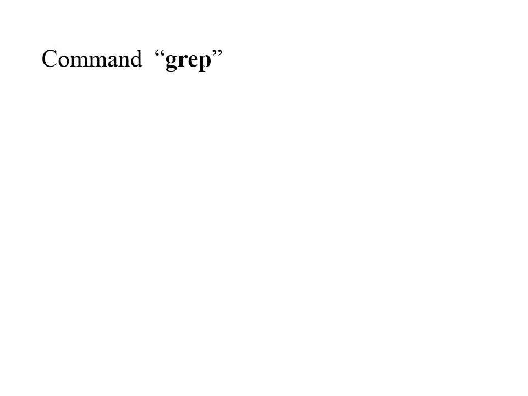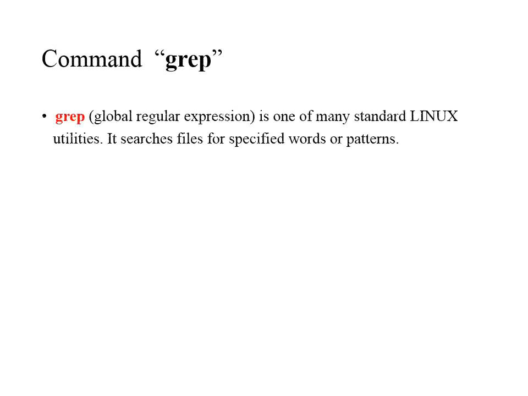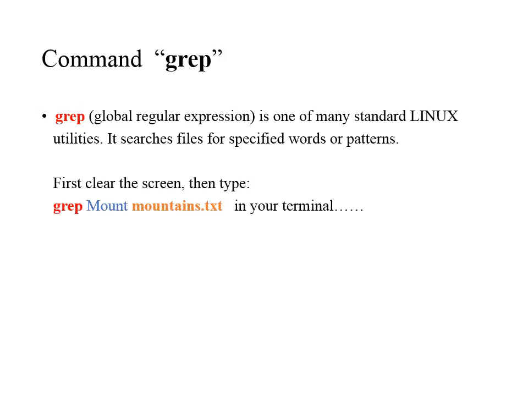Command, grep. Grep, global regular expression, is one of many standard Linux utilities. It searches files for specified words or patterns. First clear the screen, then type grep mount mountains.txt in your terminal.